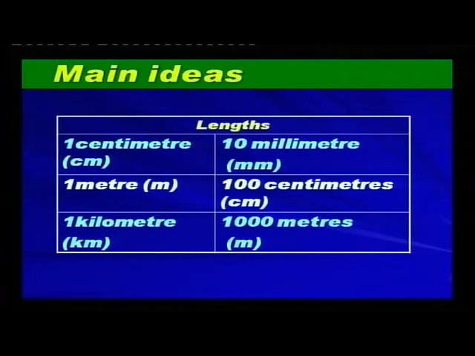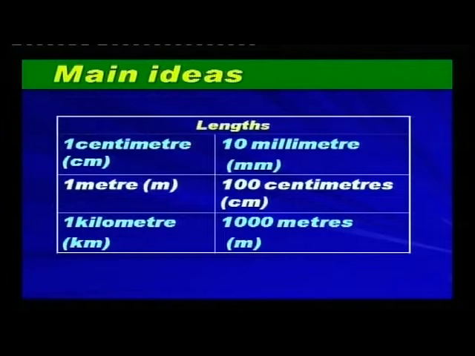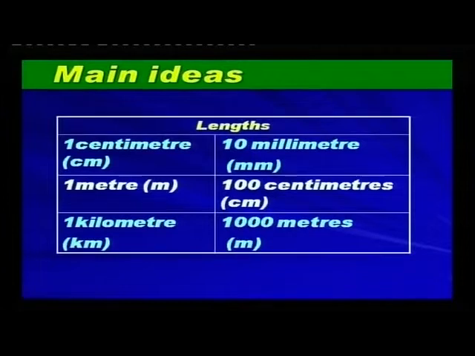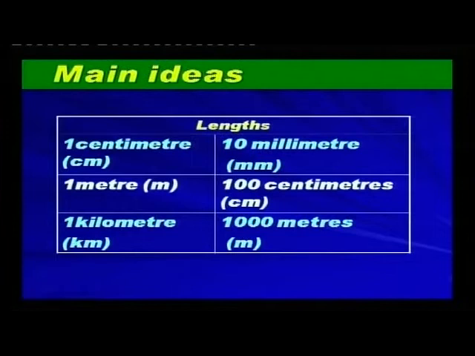And in exercise B, we are changing kilometers to meters. Now, from meters to centimeters, from the conversion table, receiving students, what does it tell you? 1 meter is equals to how many centimeters? 100 centimeters.